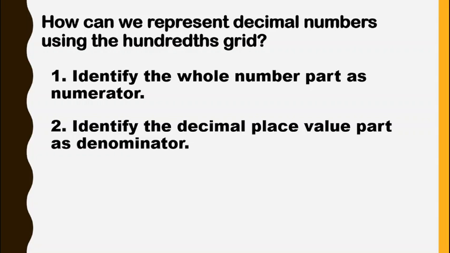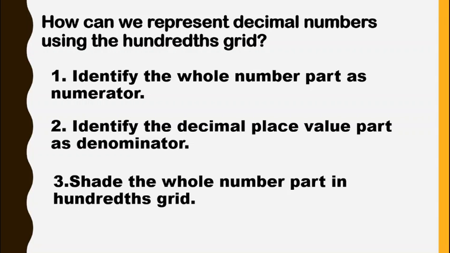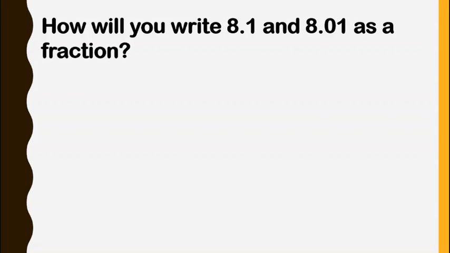If you have 2 decimal digits, the denominator is 100. So it depends on how many decimal digits you have, which will represent the number of your zeros. And the third one is to shade the whole number part in the hundreds grid.